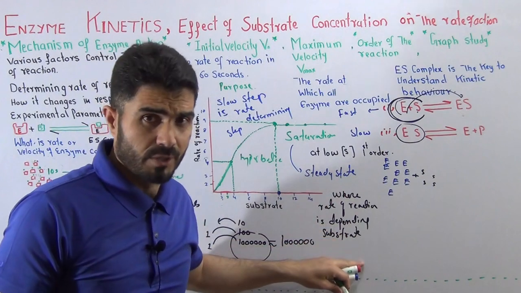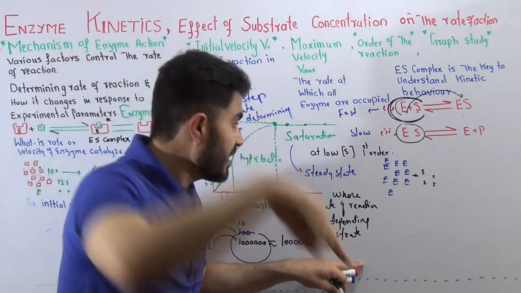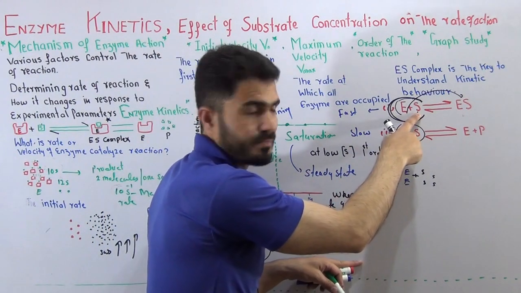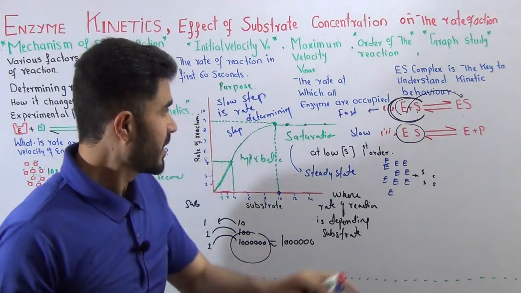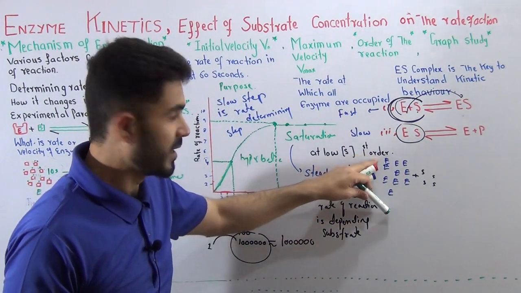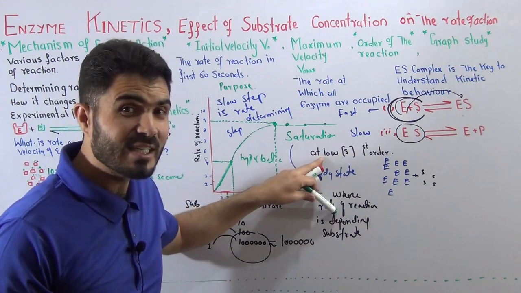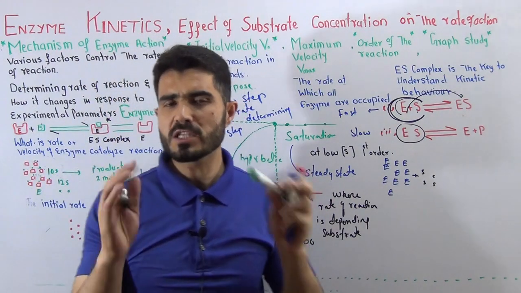Such kind of reaction where the rate or the speed is dependent on the reactant, substrate is a reactant, is called first order reaction. First order reaction. So first order reaction is possible at which stage? At low enzyme concentration.